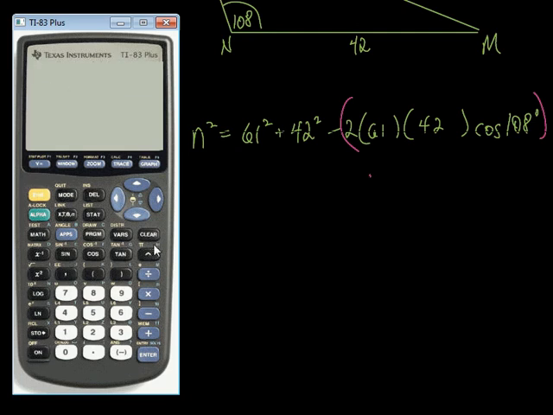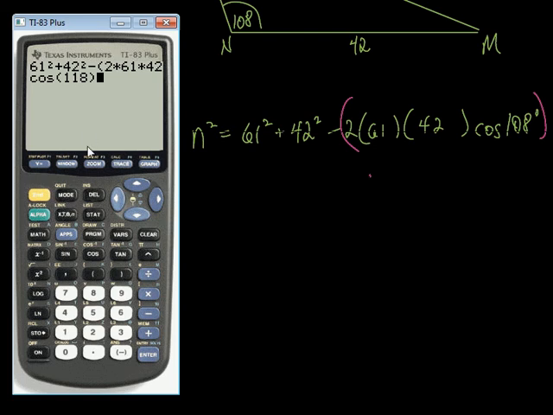Let's clear the calculator and put some stuff in here. 61 squared plus 42 squared minus, now big parentheses, that's why I put that. So put a parentheses and then 2 times 61 times 42 times cosine of 108.